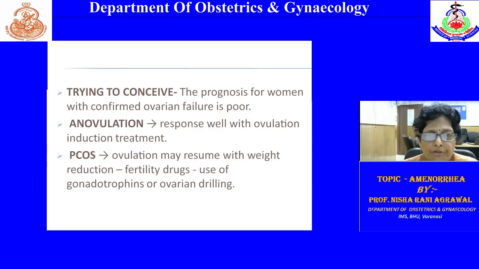If a patient is trying to conceive, the prognosis for women with confirmed ovarian failure is poor. If anovulation is there, they respond well to ovulation-inducing agents. In PCOS, ovulation may resume with weight reduction or ovulation-inducing drugs or use of gonadotropins, and very rarely ovarian drilling.